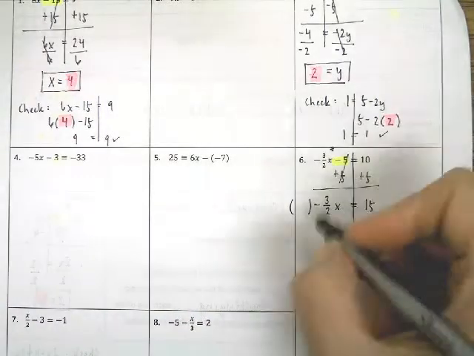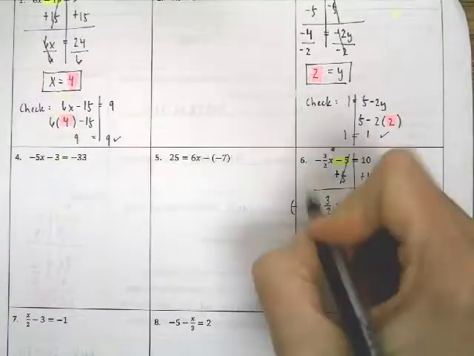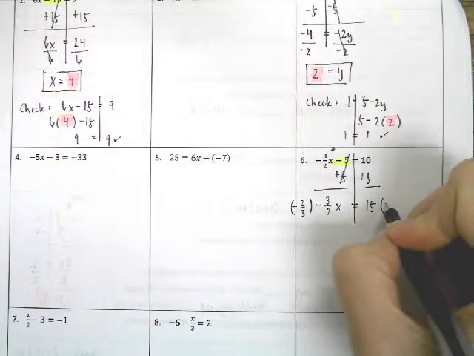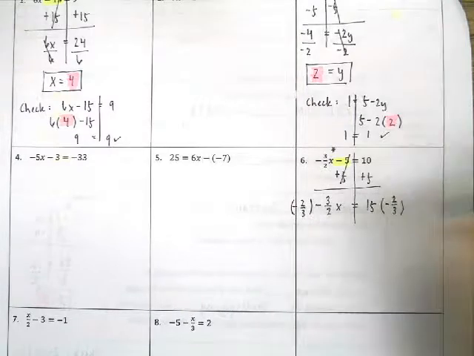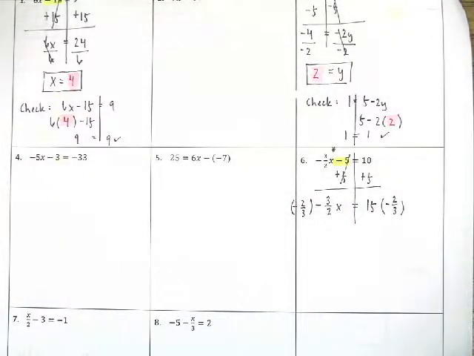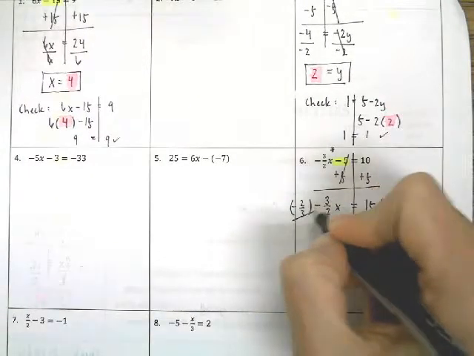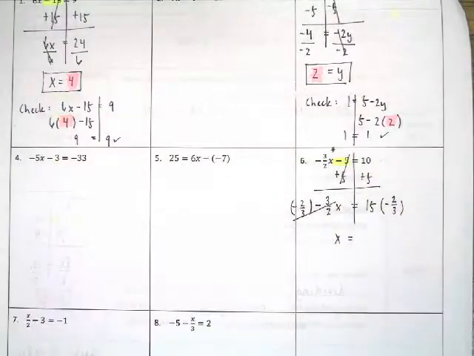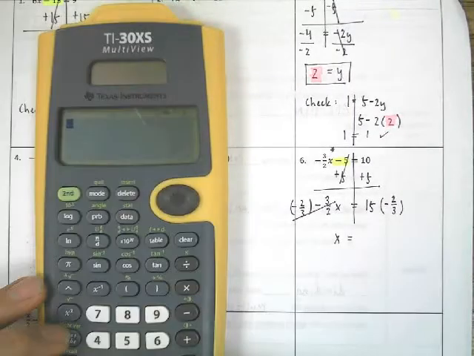I'm going to multiply by the reciprocal, so the sign stays the same, and I just flip my fraction. So now these reciprocals, when I multiply them together, I just get 1.